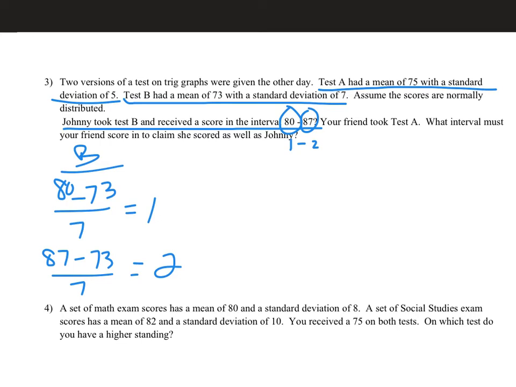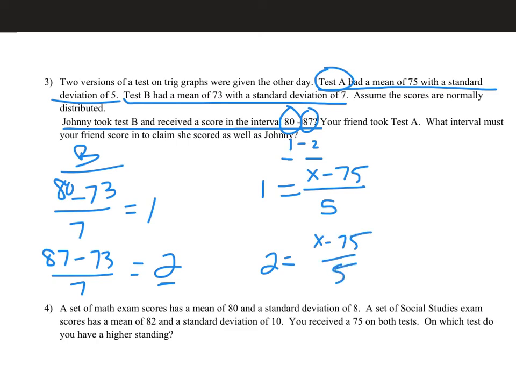Okay, so we use test A's information up here with the mean, and we use these two standard deviations. So it would be 1 equals x minus 75 over 5, and for this one, we want it to be 2, so 2 equals x minus 75 over 5.